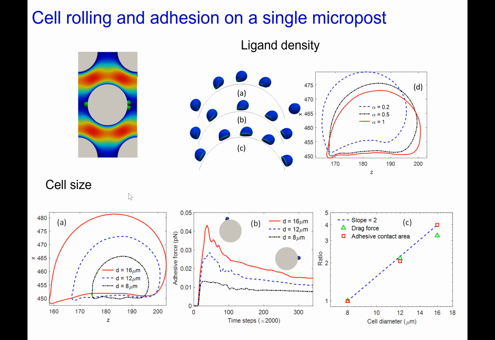We showed that the adhesive force strongly depends on the adhesive contact area and the cell size, the cell diameter. It looks like it follows a second order relation, a quadratic function of the cell diameter, because when you have a larger cell diameter, the contact surface is relatively larger as well.